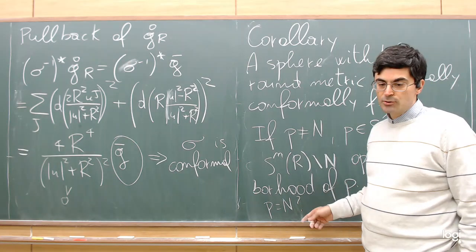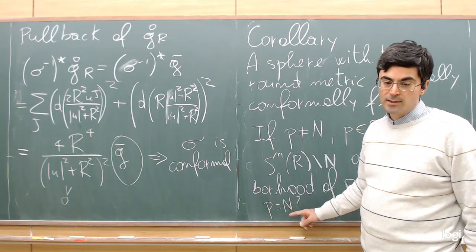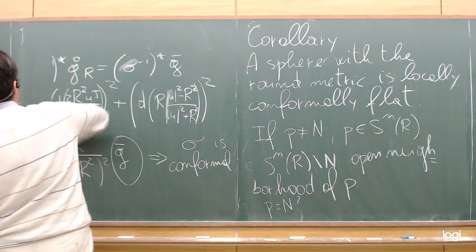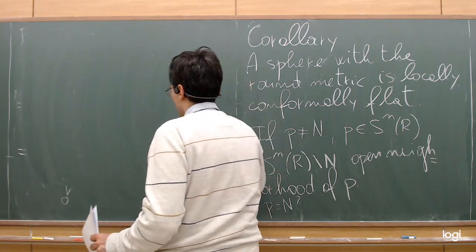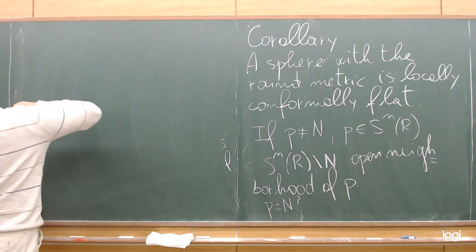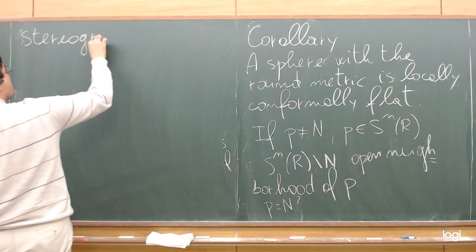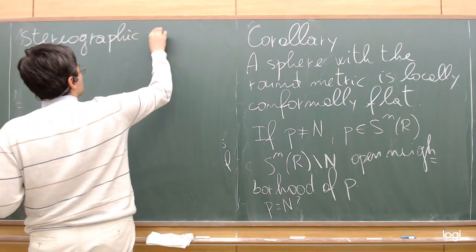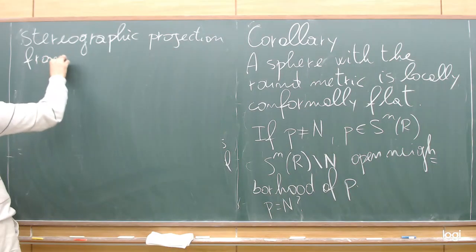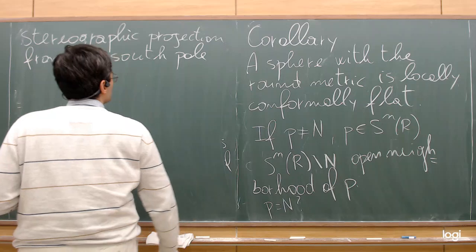Either you use a rotation so that the North Pole is sent to another point, or you can use the stereographic projection from the South Pole, which is a more complicated thing to do.